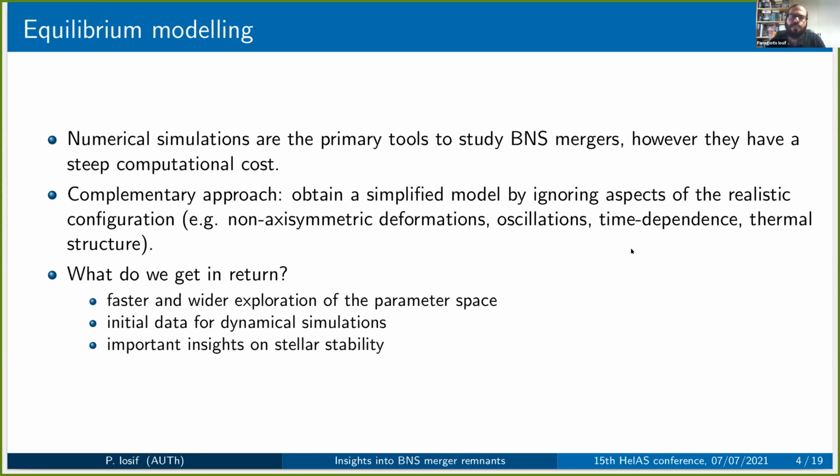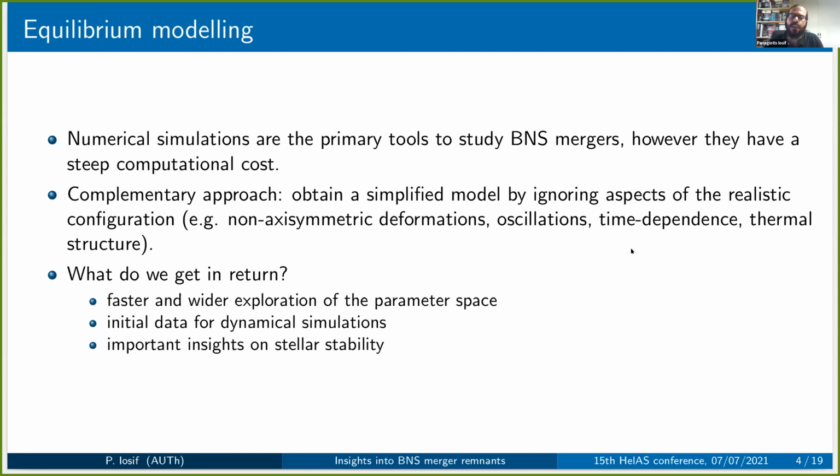So it is useful to also explore a complementary approach, which is in essence to consider simplified models by ignoring certain aspects of the realistic configuration. For example, one can assume axisymmetry, stationarity, and neglect thermal effects altogether as a first step.